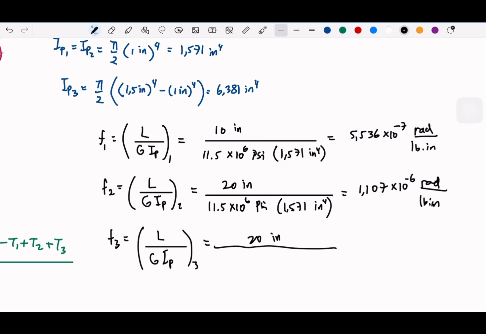Okay, this is also similar, but now it's aluminum. So we use the modulus for aluminum and the inertia for aluminum.